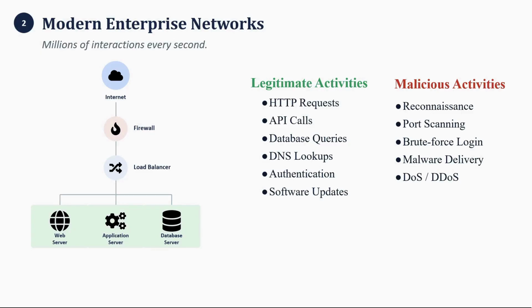Every second, enterprise networks process an enormous volume of traffic, and these interactions may include HTTP requests, API calls, database queries, or port scanning, brute force login, malware delivery, or DDoS. But most of the events are perfectly legitimate, as I've characterized it here.